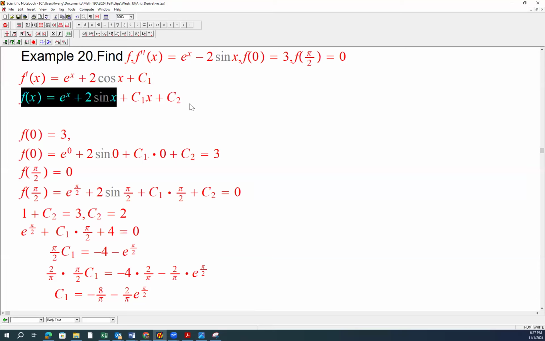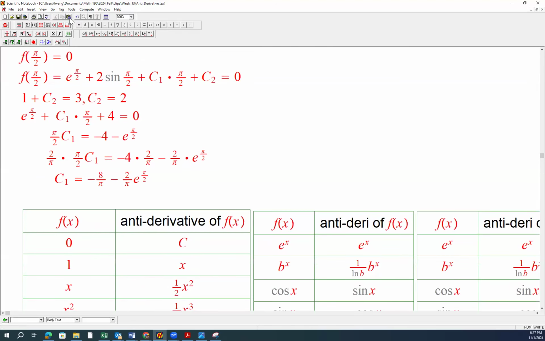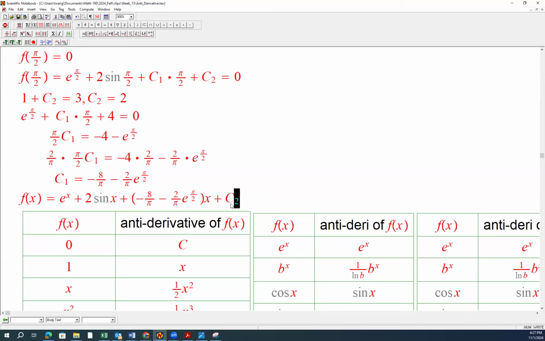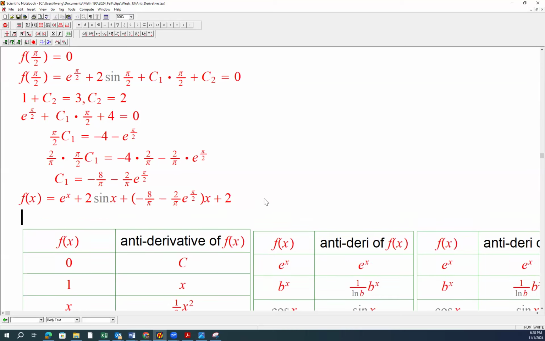Okay, so going back to the function, and finally f: C1 will be going here, and C2 will be 2. And that's it. And of course, if you want to, you can pull out the negative sign and put it outside, so this inside would just be plus.